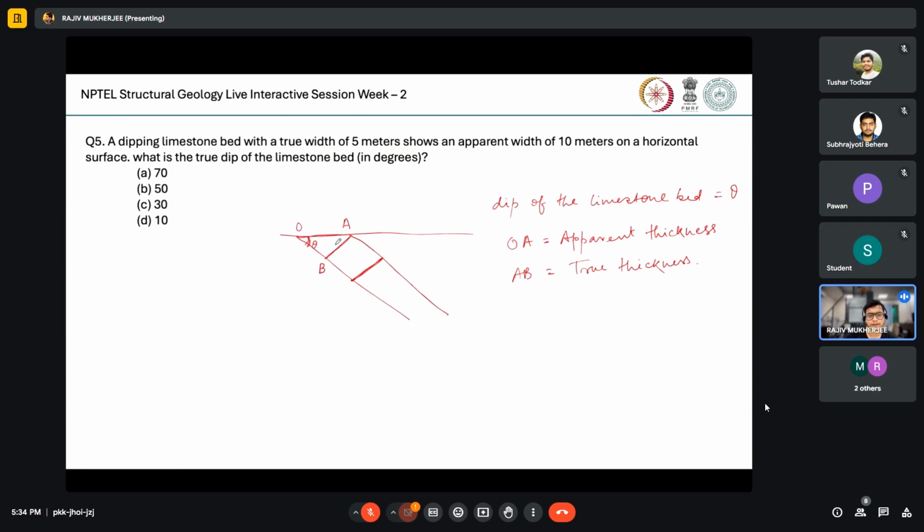So therefore, if we consider sine theta, we'll get AB by OA, right? We have been given AB is the true thickness, which is 5 meters, and OA, which is the apparent thickness, that is 10 meters, right? So which is half. That means theta is basically what? 30 degrees. So option C is the correct answer, which is the dip amount of the limestone bed.